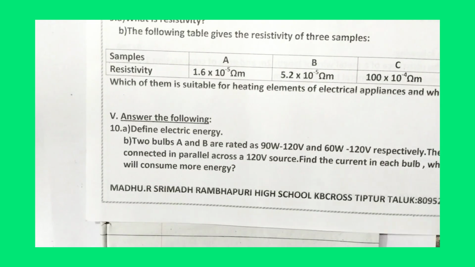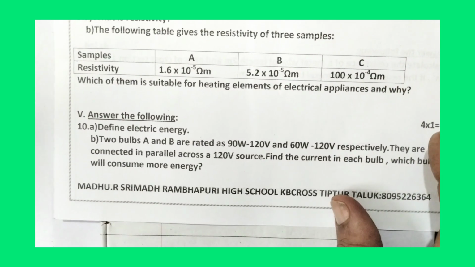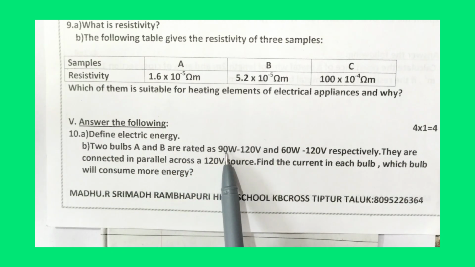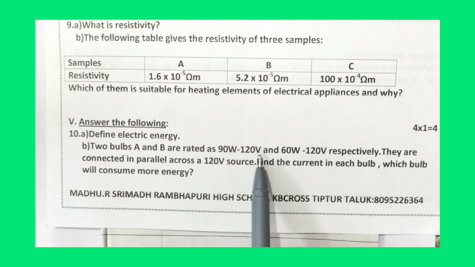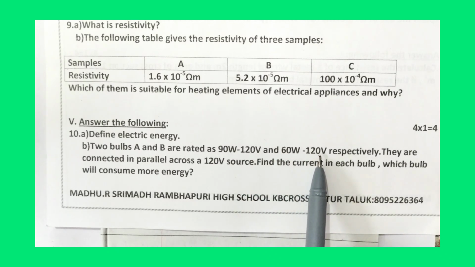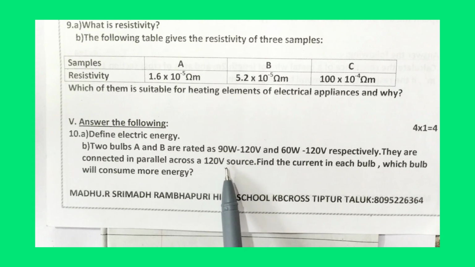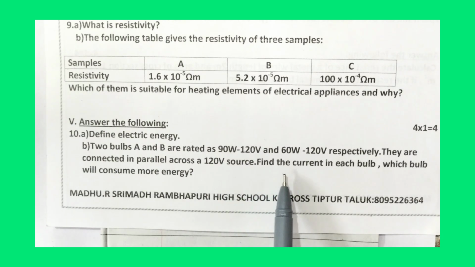In question number 10 they have asked to define electrical energy. Then, question B: two bulbs A and B are rated as 90 watt 120 volts and 60 watt 120 volts respectively. They are connected in parallel across a 120 volt source. Find the current in each bulb. Which bulb will consume more energy?